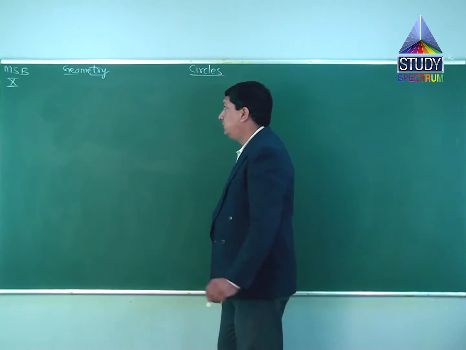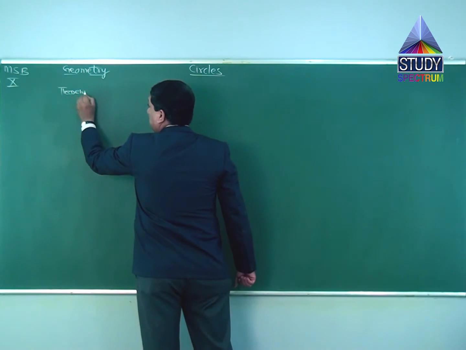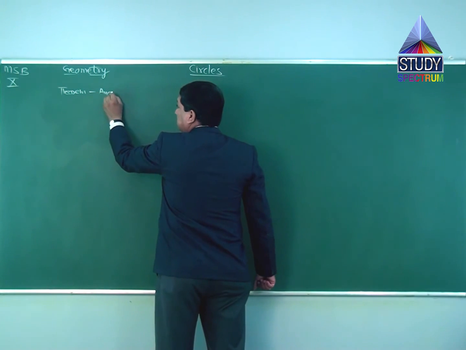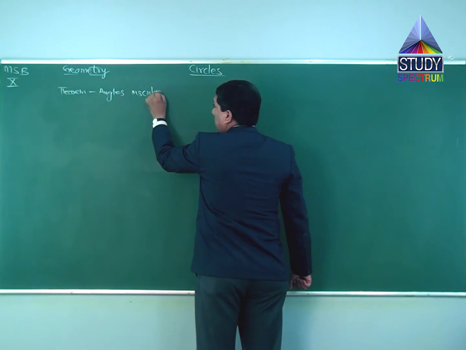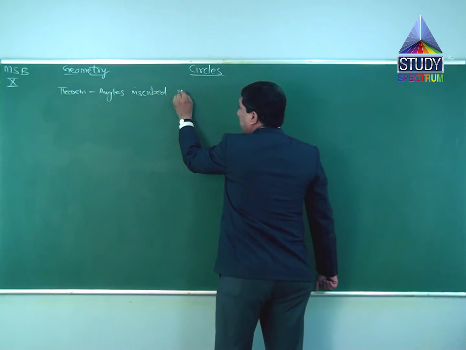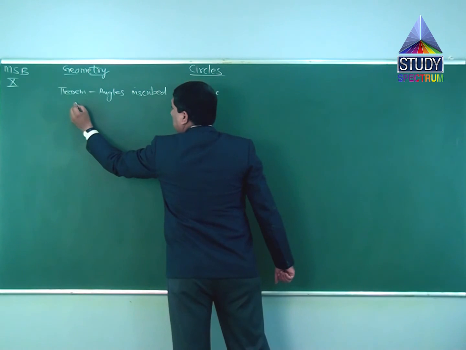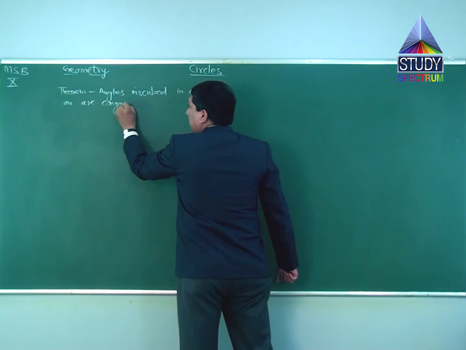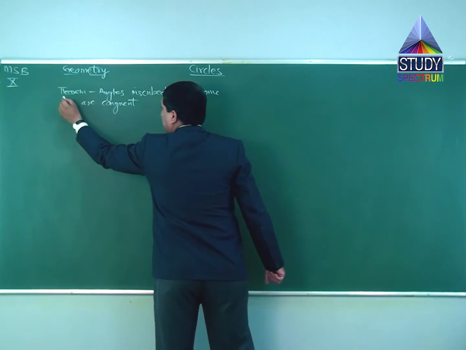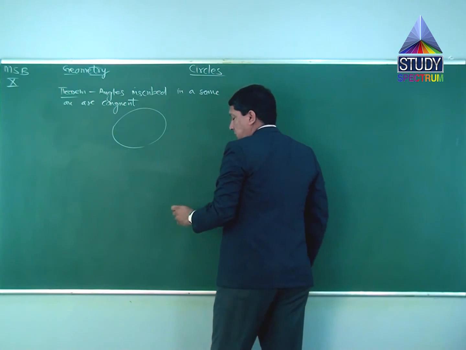Next theorem is: angles which are inscribed in the same arc are congruent. Angles which are inscribed in the same arc are congruent. Circle.